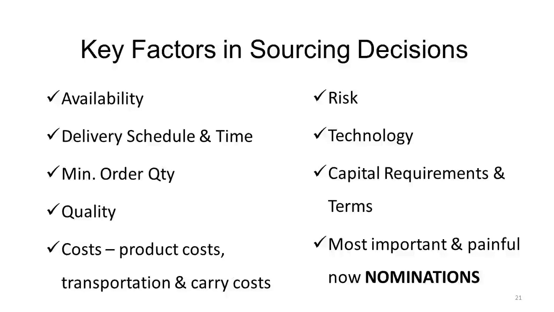You buy from one person, but then the transportation cost is very high because that person is situated far away from you. And there's another person who's giving you a little higher price, but is very closely situated. So your overall cost is your product cost plus the transportation and carry cost. Now the totality of that should be the lowest. That will be the deciding factor.